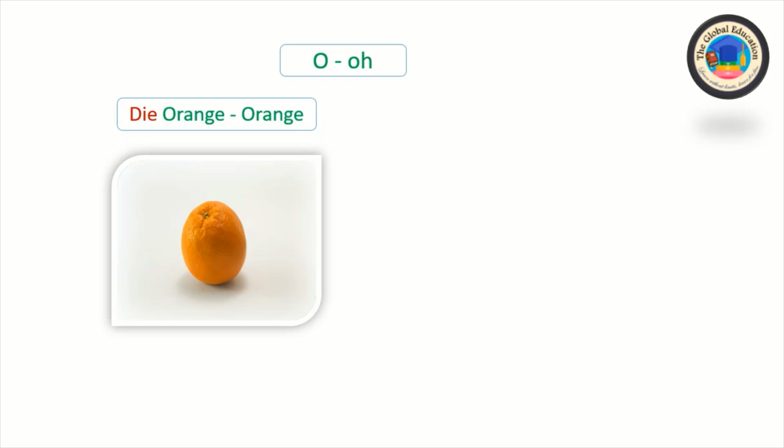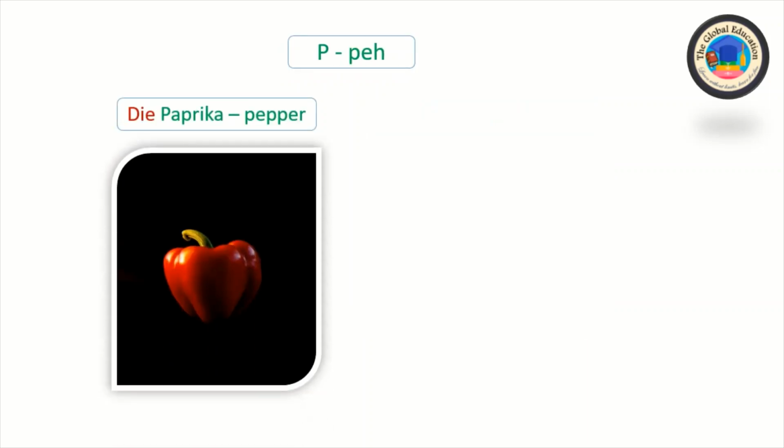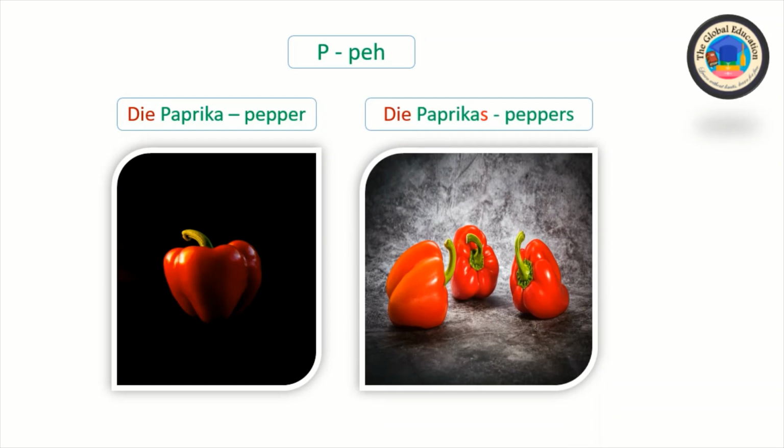O, die Orange, in plural die Orangen. P, die Paprika, the paprikas.